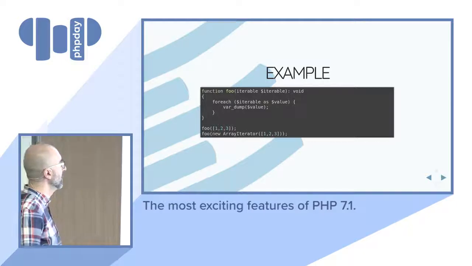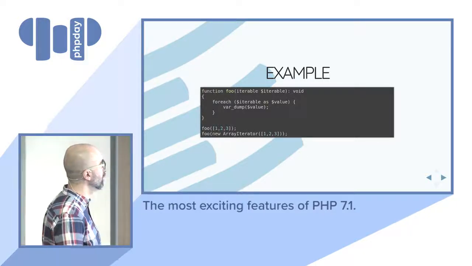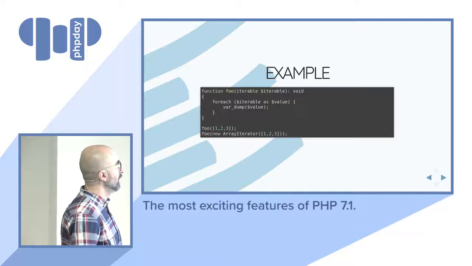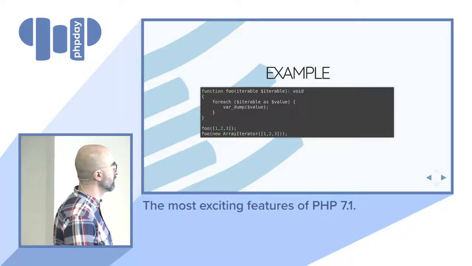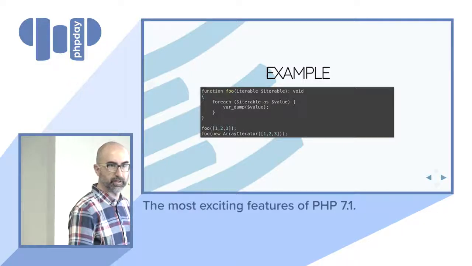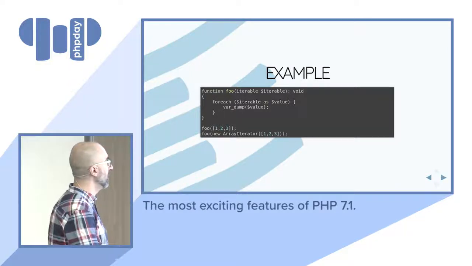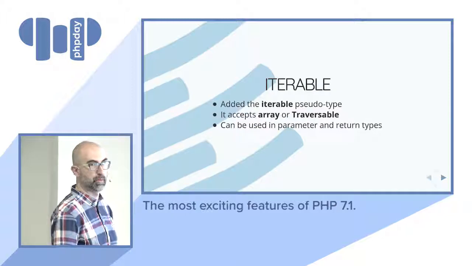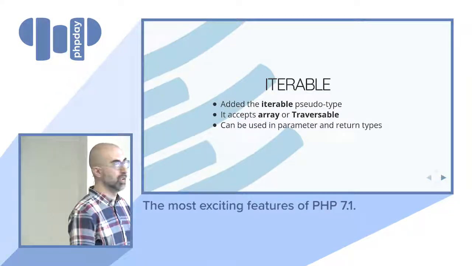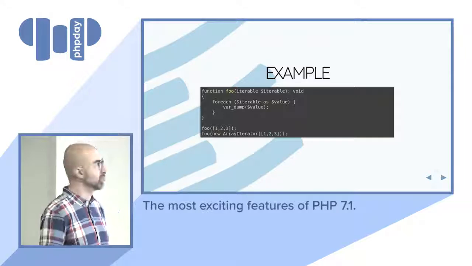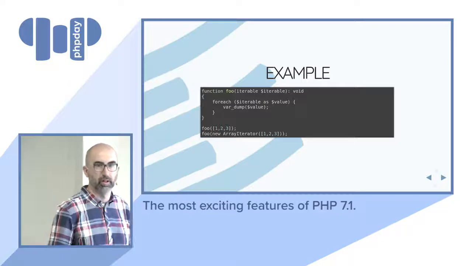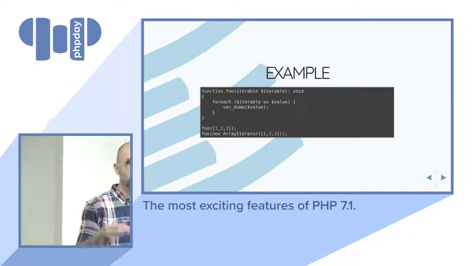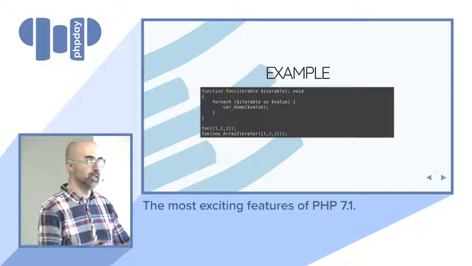We have a function foo that accepts an iterable object, $iterable, and does nothing, returns nothing. You can call this function passing an array, because iterable accepts array, or a traversable, that is a PHP interface implemented by many other classes, like ArrayIterator. Or if you write your iterator itself as a class, you can consume it.